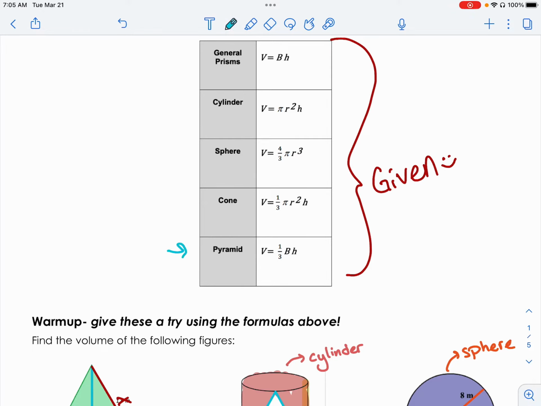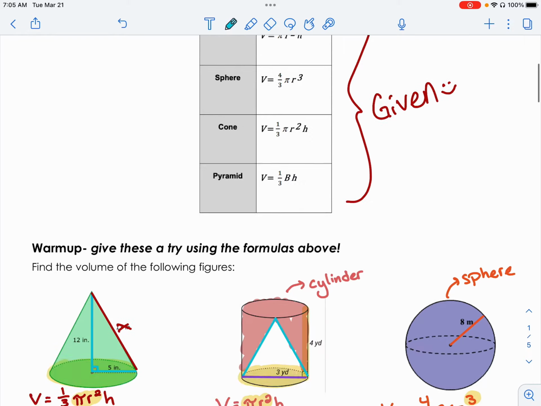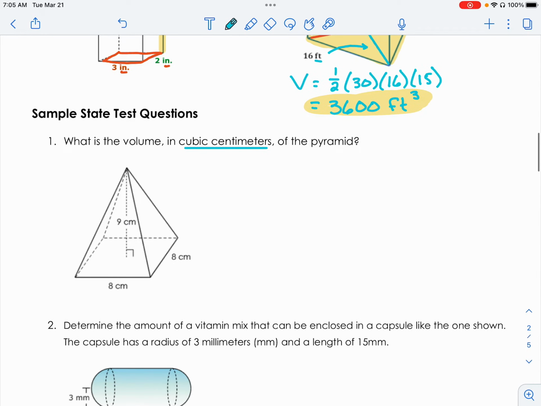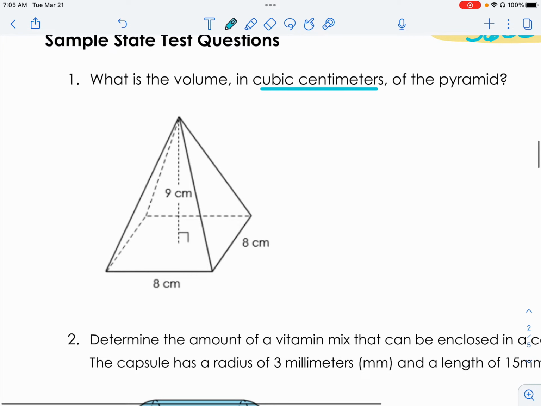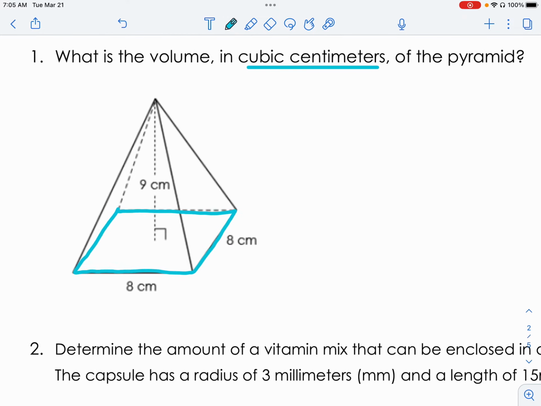You bet I am. 1/3 big B times H. Remember, big B means area of the base. Now on a pyramid, the area of the base is actually a quadrilateral or a parallelogram. So the area down here, and in our case, this is 8 and 8, so we know this would be a square.